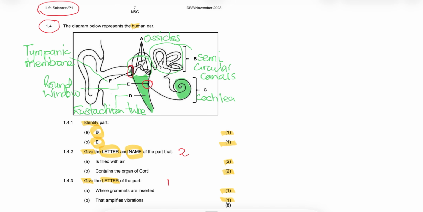Guys, let us look at the verbs that are used in each of these 3 questions in question 1.4. We are being asked to identify, we are being asked to give, and we are also being asked to give. And these verbs suggest that the examiner is just asking you for knowledge.